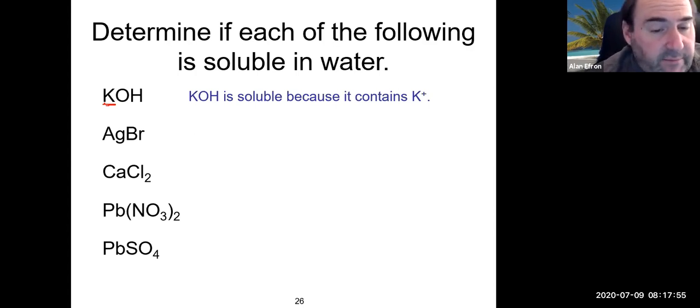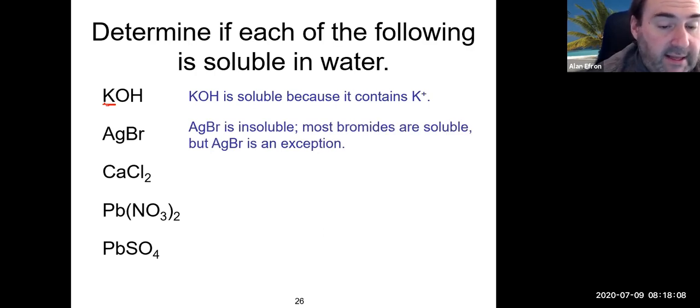Next, we have silver bromide, and bromides are soluble in everything, except that there are 3 exceptions, and silver happens to be one of those exceptions, which means silver bromide would be insoluble because of that. Again, the silver makes it an exception to bromide normally being soluble.